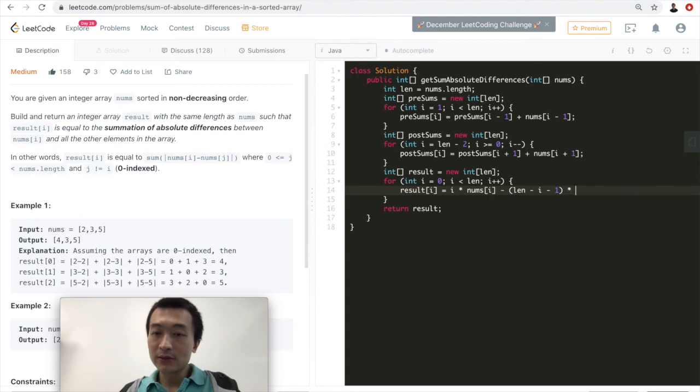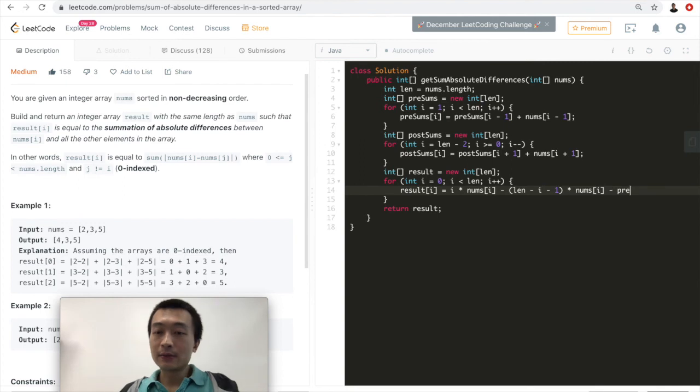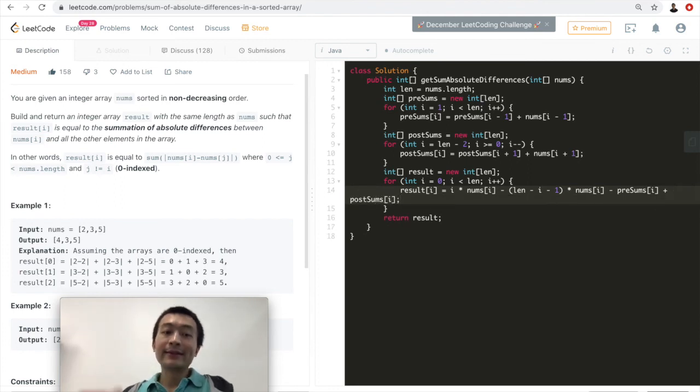This one needs to be multiplied by nums I as well. And then, remember, all of the presums need to be deducted, and all of the post sums need to be added up.